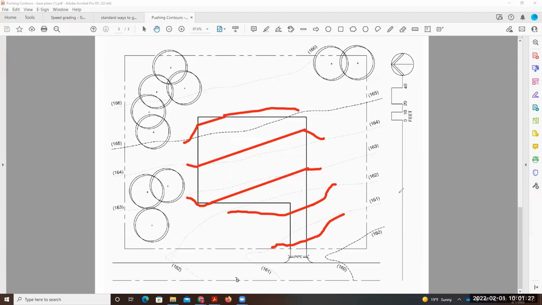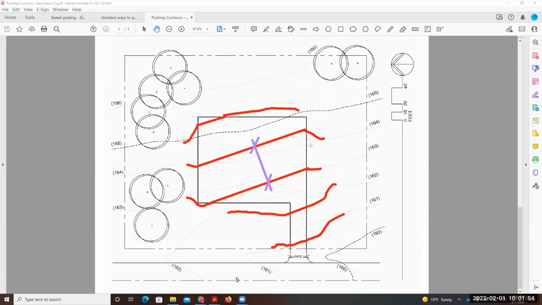Do you follow this concept? Because this is a critical concept. We need to know the distance between these. We need to make them a consistent distance. And that is how we're going to grade our surfaces.